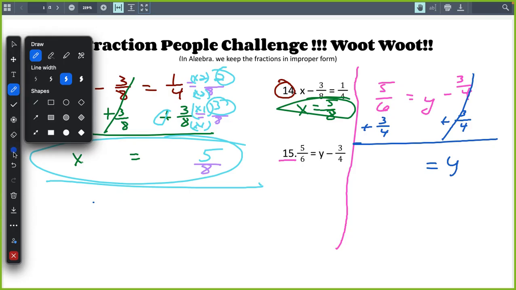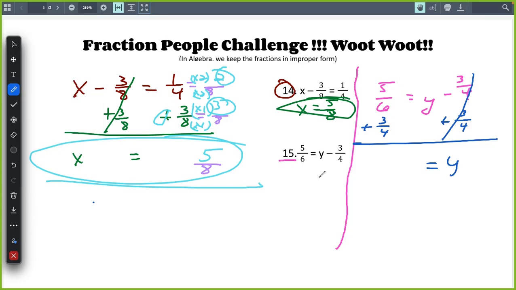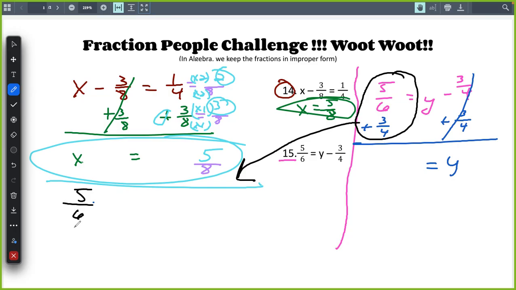Now this is best done perhaps over here. So maybe I'll take this right here and I'll do it over here. So I'm going to say 5/6 and 3/4 because I need some space on the right hand side to raise to higher terms.